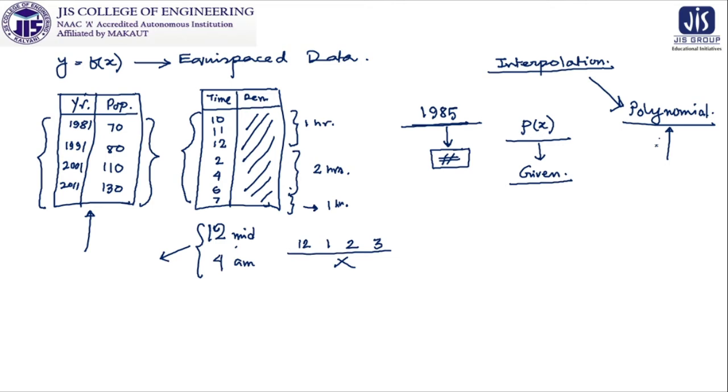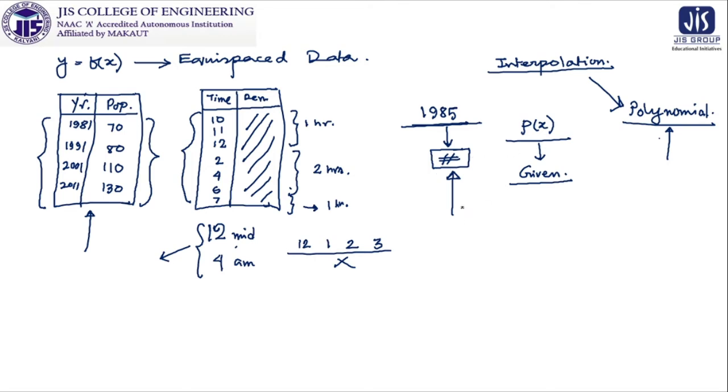That means we are going to construct the interpolating polynomial based on this data set. So if this data set is not given or not known to us, we don't have any idea how to speculate or predict the population in the year 1985.